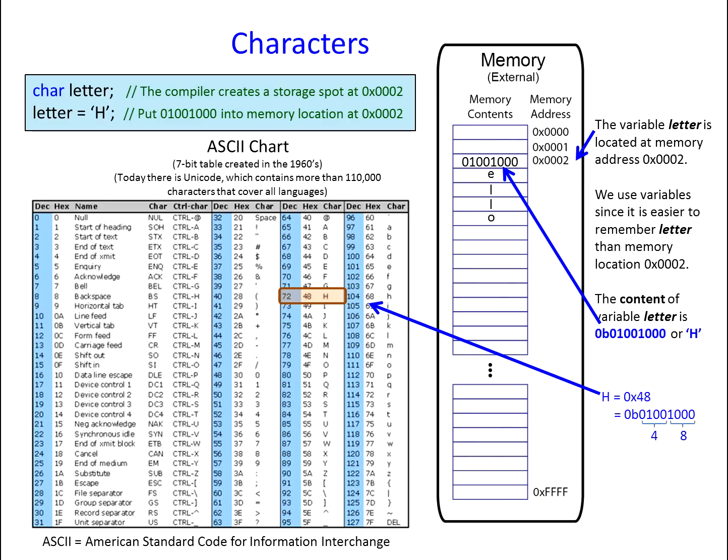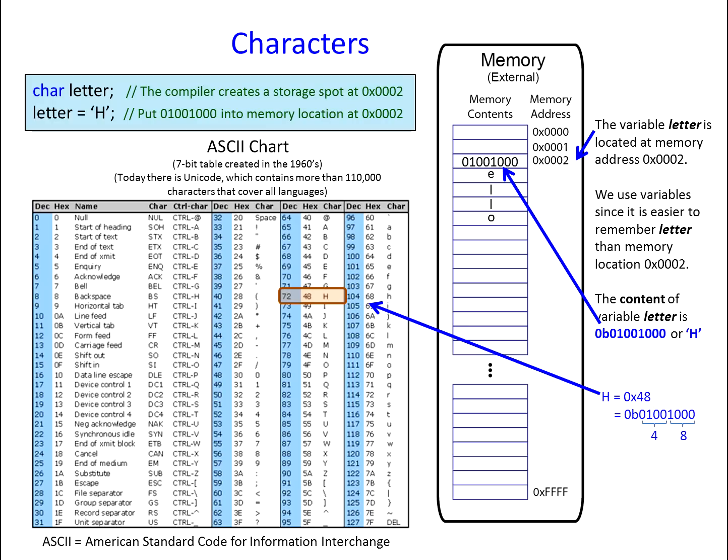So the code here, when we say character letter, this is a declaration saying create a variable that is going to contain a piece of data that's only 1 byte, and the bit values are going to conform to this ASCII chart.